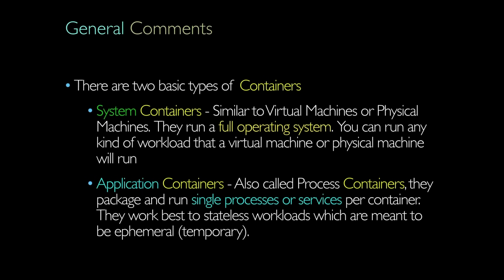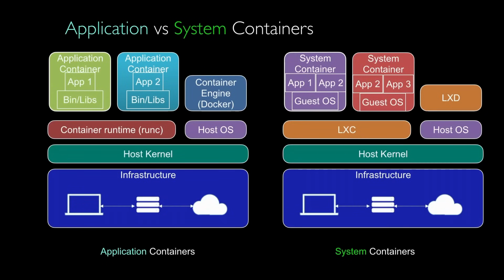Application containers are also called process containers. They're really meant to package and contain a single application or a single service for each container. Those usually have either one app or one service on them and make them stateless. There's a container engine, usually Docker in this case, and usually a container runtime, which today is runC.